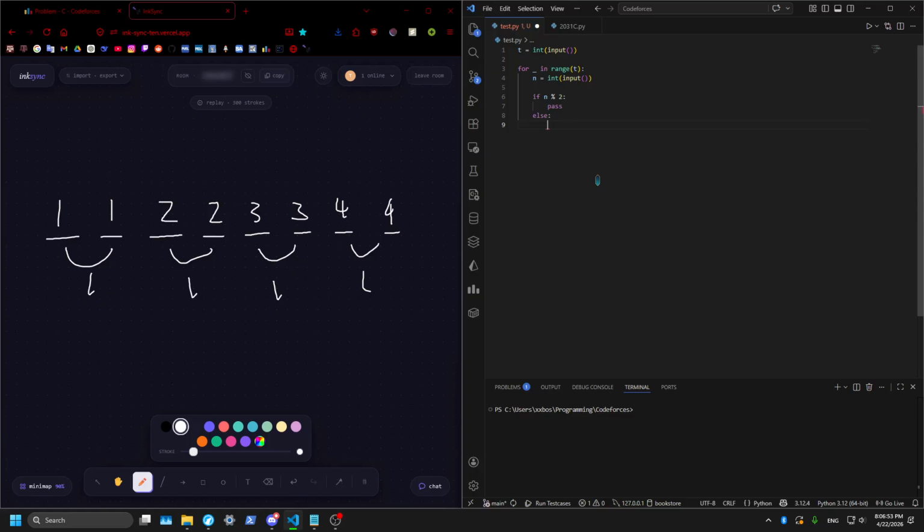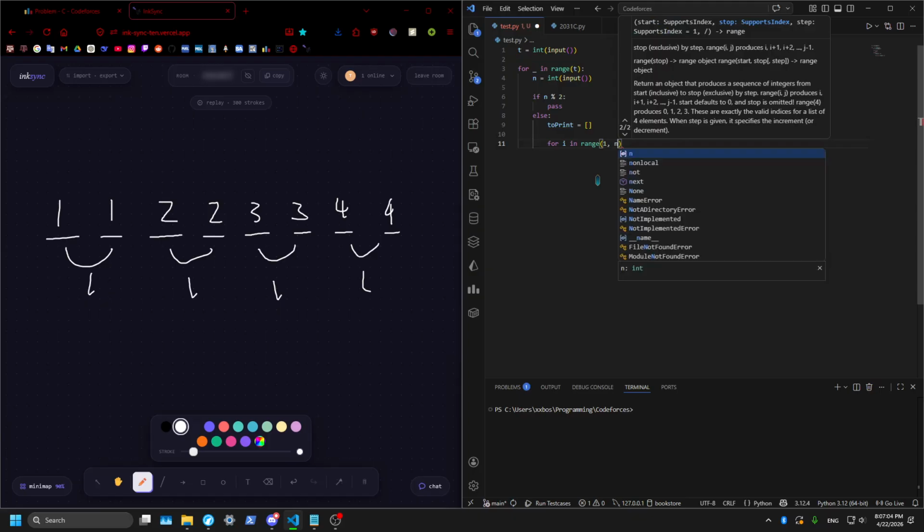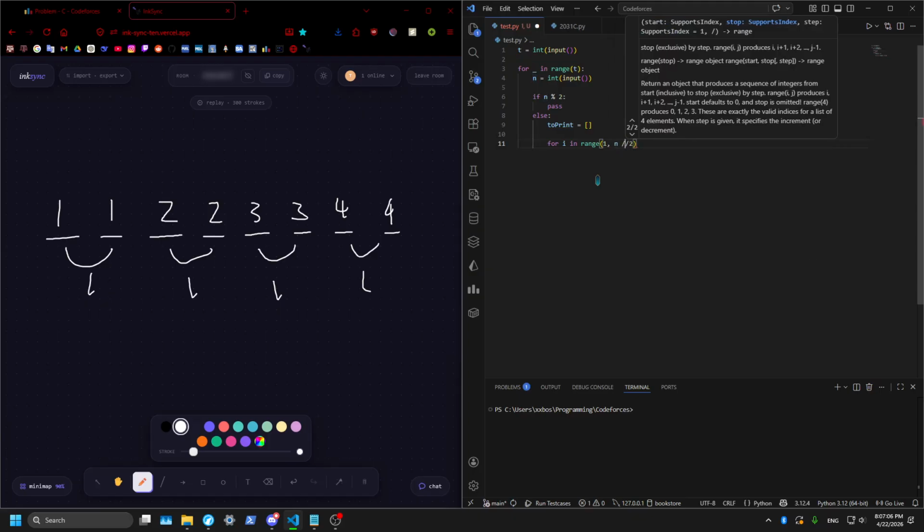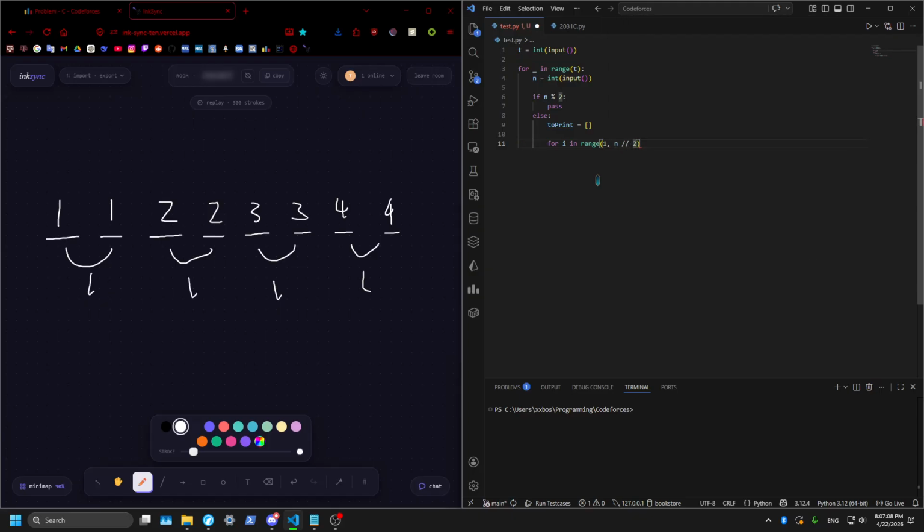Else, we can define a toPrint variable. And then iterate through for i in range, we go from 1 to n double divide by 2. And this is because we can just append the same number twice. So toPrint.append i twice.